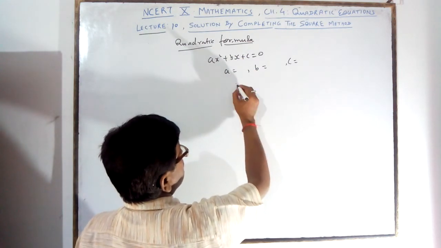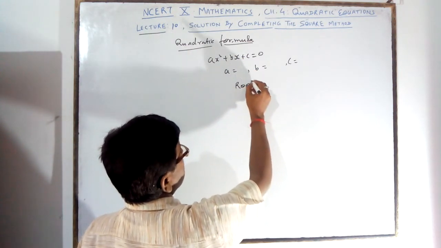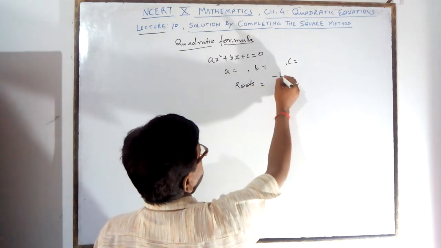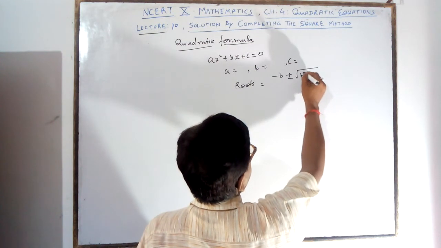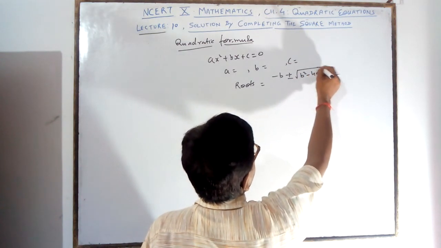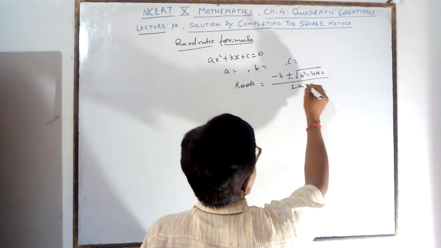You will find the roots by a formula: x equals minus b plus minus under root b square minus 4ac, upon 2a.